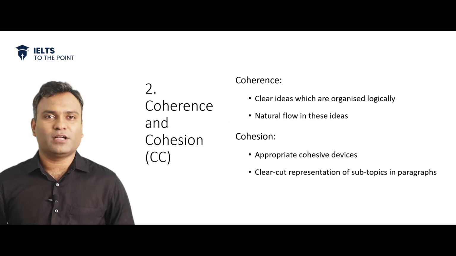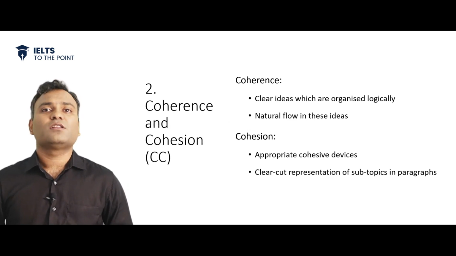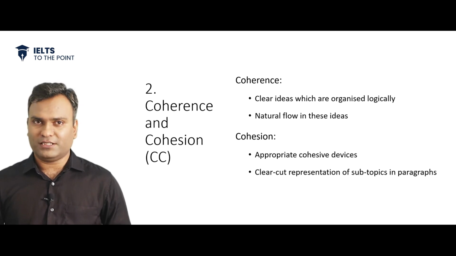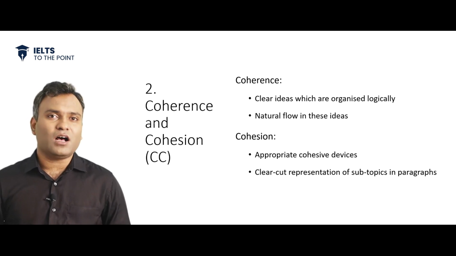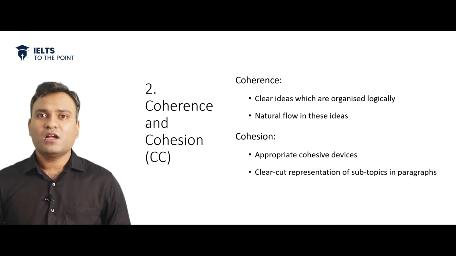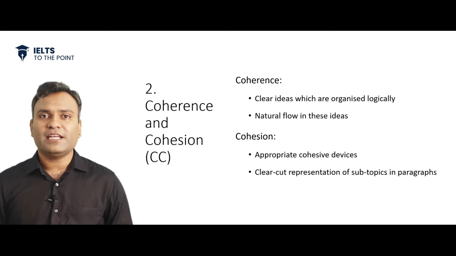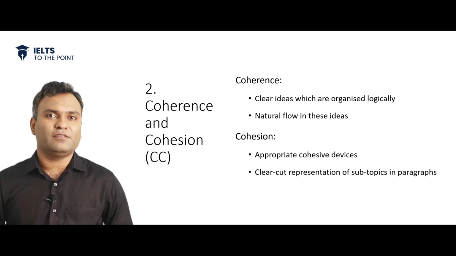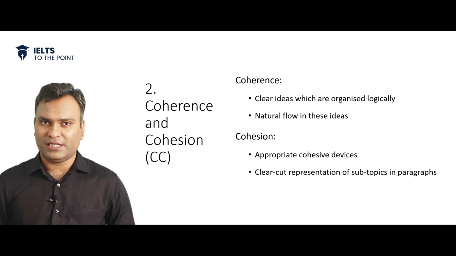Evaluation criteria, coherence and cohesion, deals with the overall structure of the letter. Coherence asks for clear ideas which are organized logically. It simply means that the ideas which help you to explain your points must leave no ambiguity in the reader's mind.